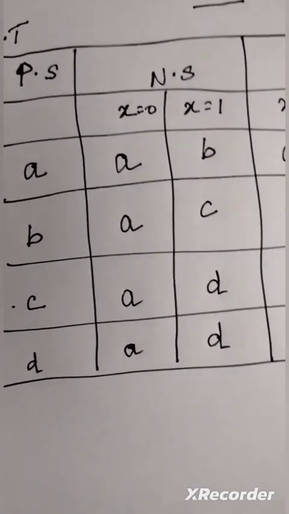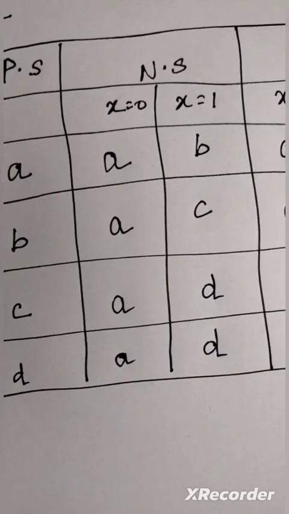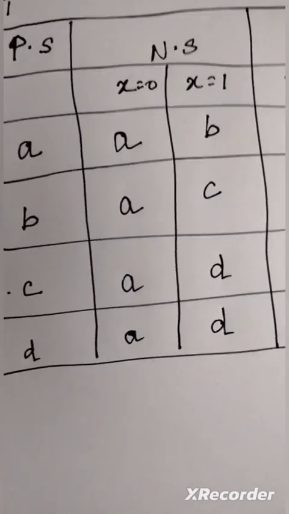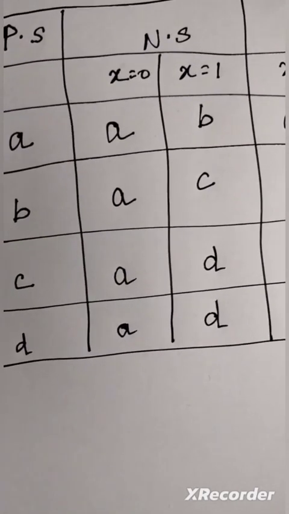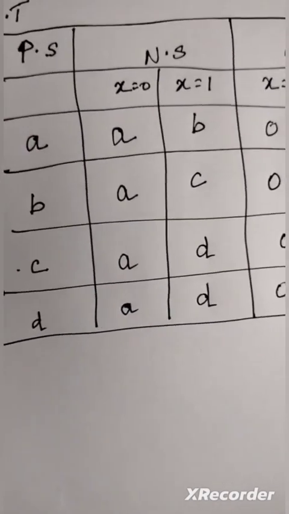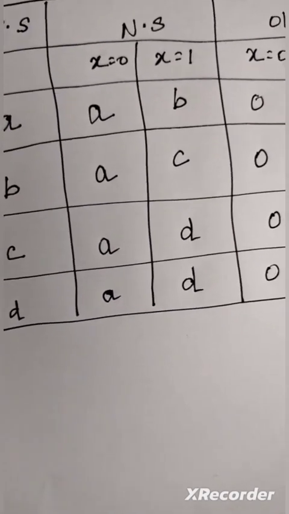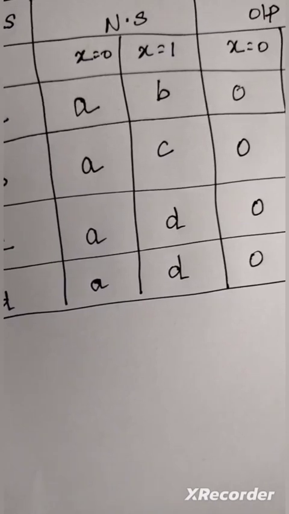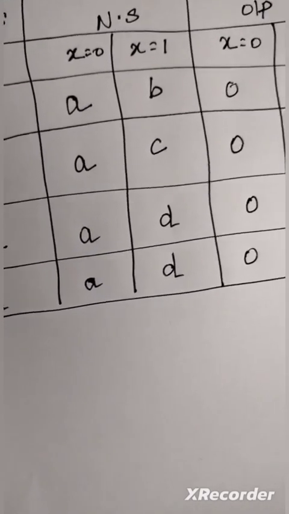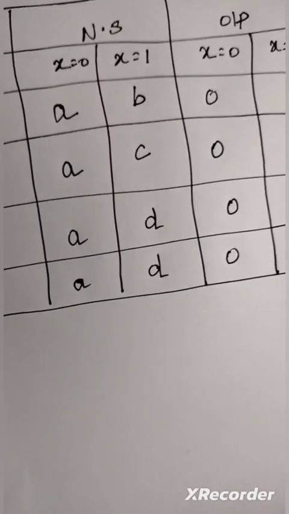Next state is A when your input is 0. So it is moving to 0, 0 state. And again B, if your input is 1, it is moving to C state, 1, 0 state. And next 1, 0 and it is moving to A state. Next it is moving to D state. Next it is moving to A state. Next it is in same state.